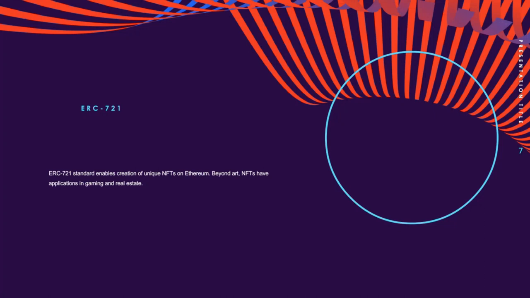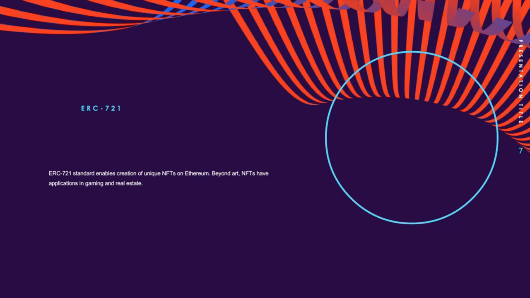So now let's take a closer look at some of the noteworthy functions and events defined in the ERC 721 standard. ERC 721 defines a set of functions with compliance to ERC 20 to make it easier for existing wallets to display simple token information.